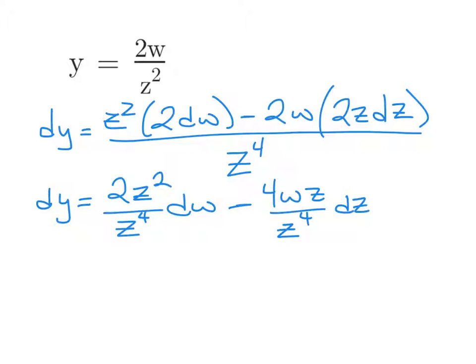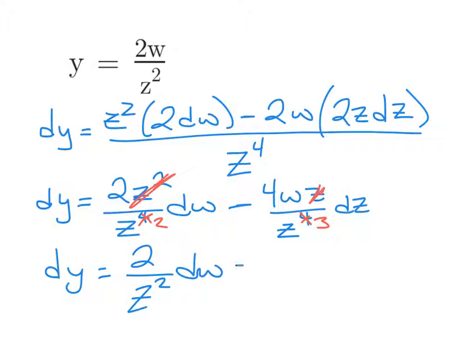Then I look for factors to cancel. I got 2 of them to factor out of here, and 1 of them to cancel with 1 of them in the denominator. So that will leave me with dy is equal to 2 over z squared dw minus 4w over z to the 3rd dz.